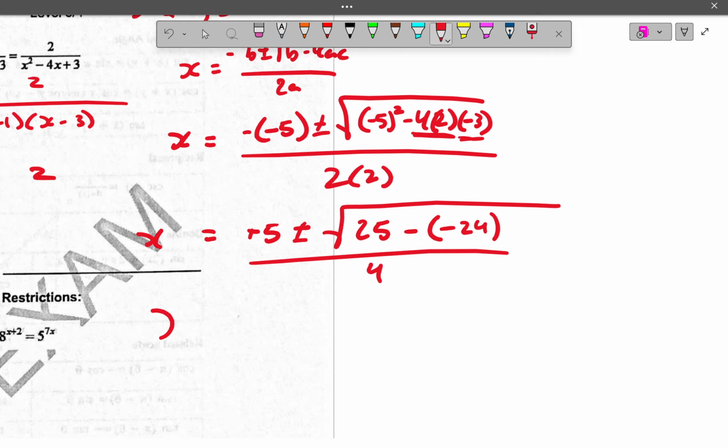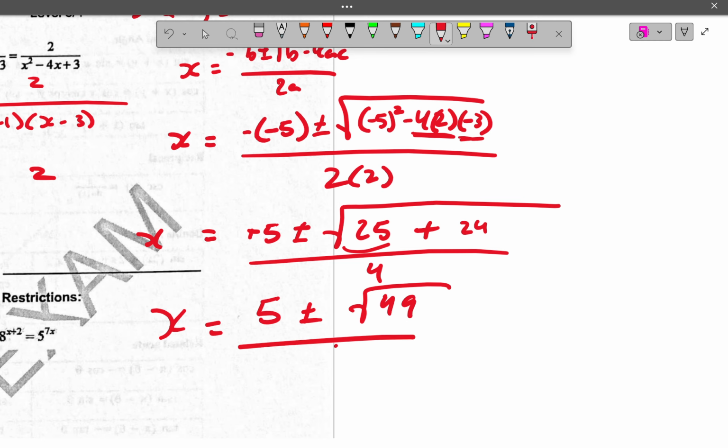And so our answer here will be 5 plus or minus the square root of 25, and then two negatives make a plus here, so we can write it as plus 24. And then 25 and 24 gives me 49. So I have the square root of 49 over 4, and then the last step is that the square root of 49 is actually just 7. So we're going to say this is 5 plus or minus 7 divided by 4.